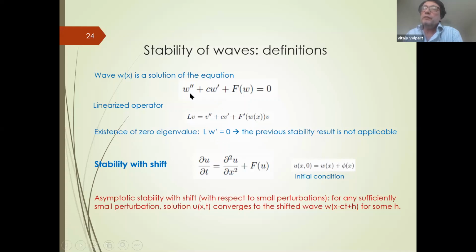If we differentiate this equation with respect to x, we see that W prime is a solution of LW' = 0. Then this linearized operator has a zero eigenvalue, and this is why, instead of the usual stability, we have the stability with shift.